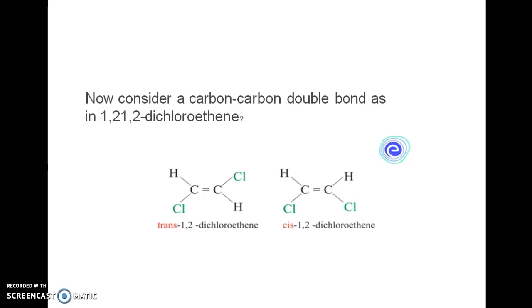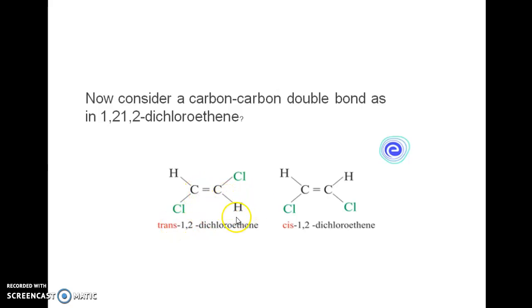In the case of 1,2-dichloroethene, we can see trans 1,2-dichloroethene and cis 1,2-dichloroethene. These are the structures obtained by the arrangement around the carbon-carbon double bond.